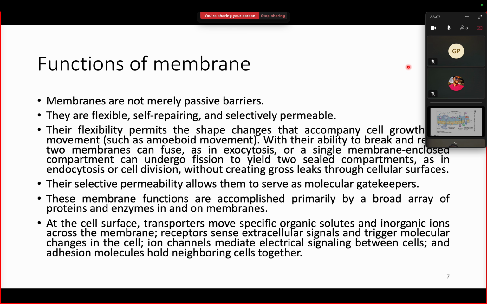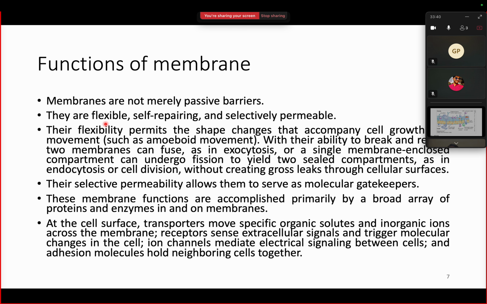Membranes are not merely a passive barrier, meaning they are not just lying there, right? They are functionally dynamic in nature and they are active. Passive means there is no association of energy and everything is flowing according to the concentration, but we know that it is not true, hence it is active in nature.